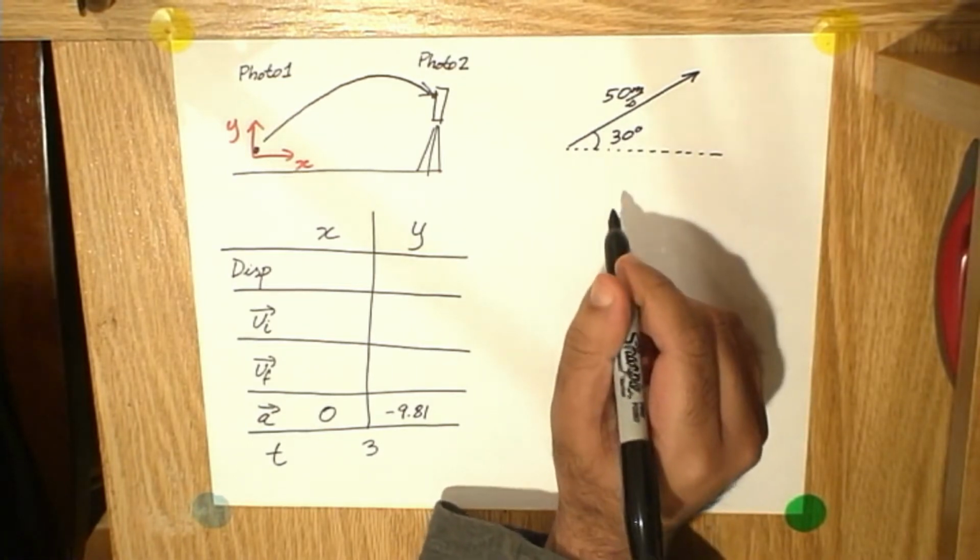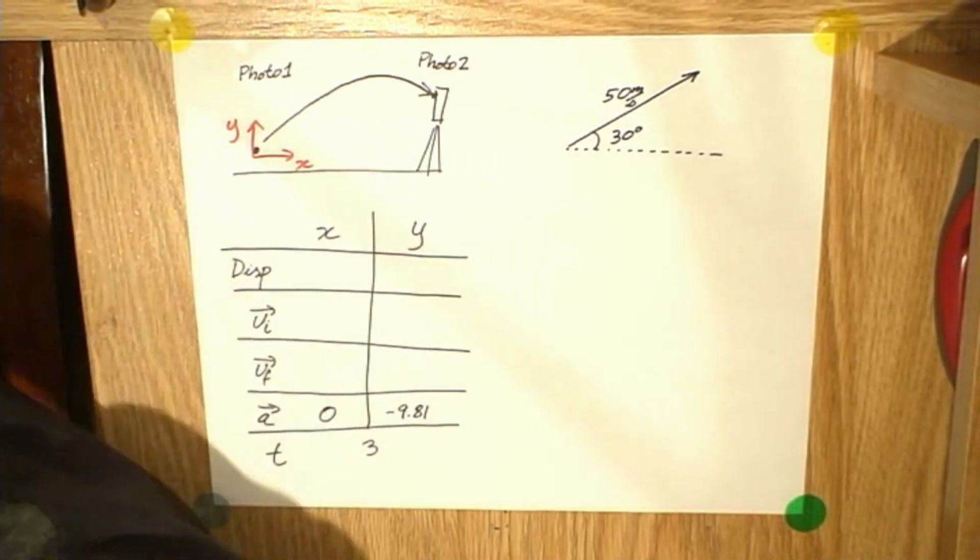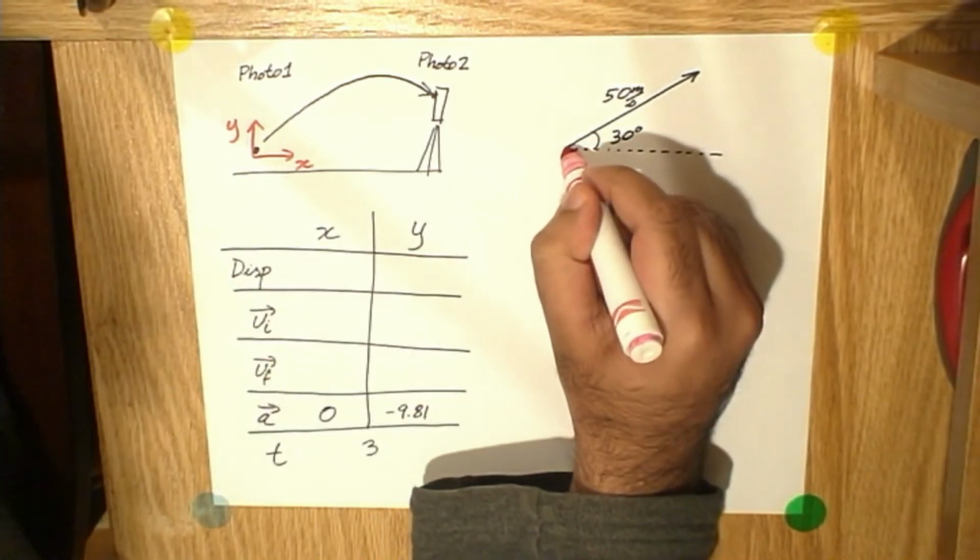Now that's a velocity which has been given to us in polar, so we need to convert that into rectangular.